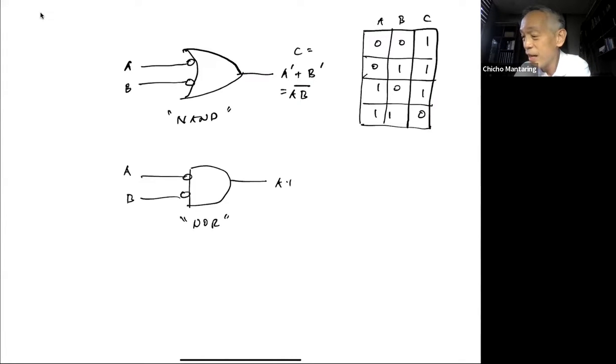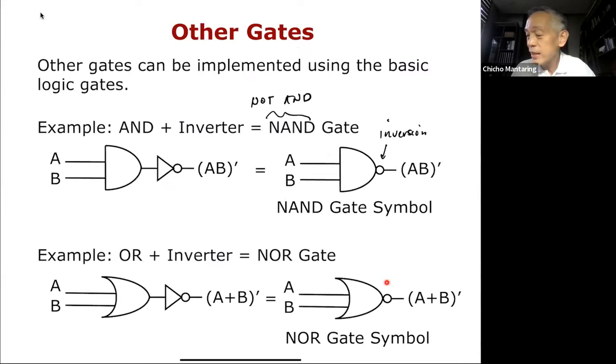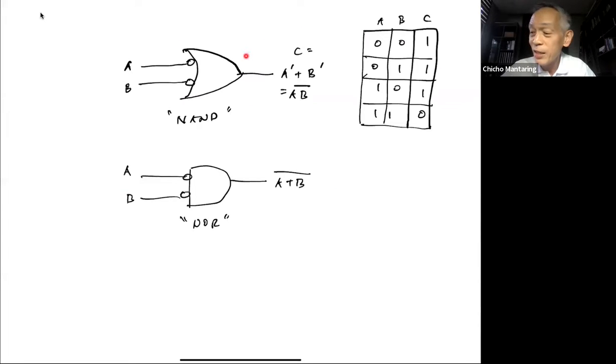This is A or B inverted. So there are many circuit symbols. This is the typical NOR circuit symbol. This is the typical NAND circuit symbol. But this is also a NAND, and this is also a NOR.